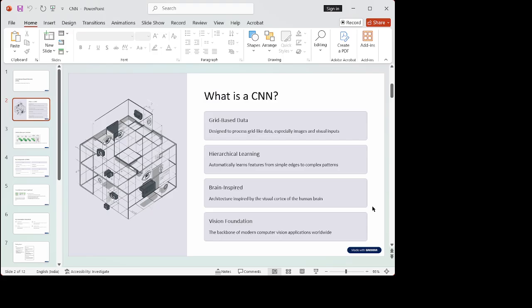The CNN processes visual information in stages, rather than trying to recognize the complete object at once. The fourth one is vision foundation. CNNs are the foundational backbone of modern computer vision applications, for example image classification, object recognition, face recognition, medical image analysis, and visual inspection.